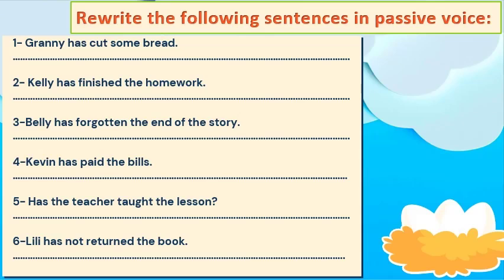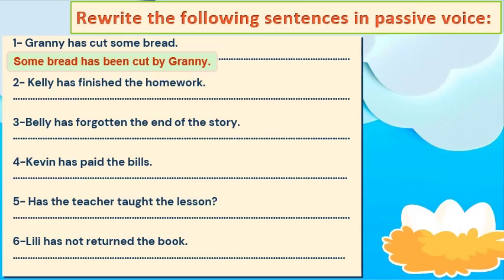So let's change this to the passive and add all the rules. Start with the object. Where is the object here? Some bread. Put this in the right form. Some bread has been cut by Granny.